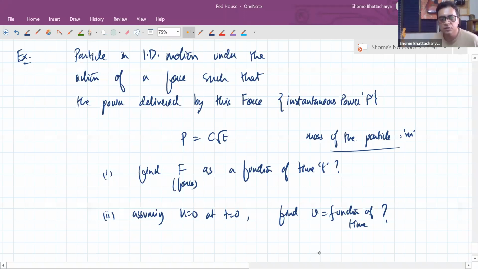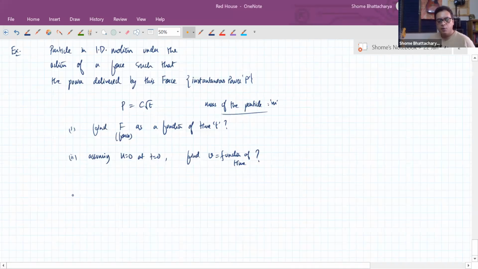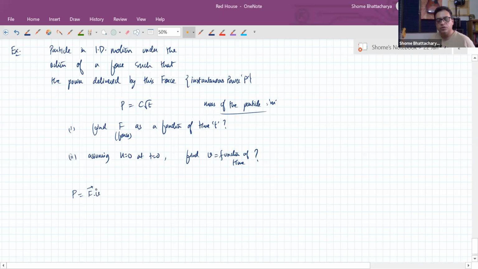Yeah, anybody got the answer? Getting this relation? Let's check out. So see, how do we define the instantaneous power in 1D motion? Power in general is the dot product of force and velocity. So in 1D motion, if the instantaneous force is F, the net force that is. Okay.